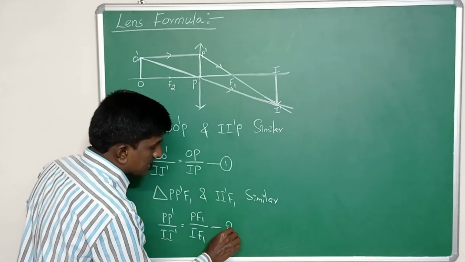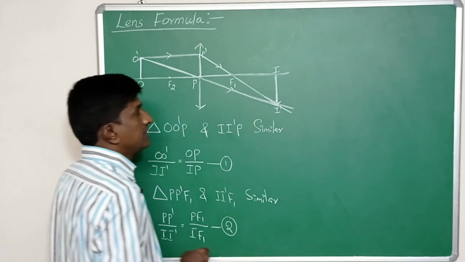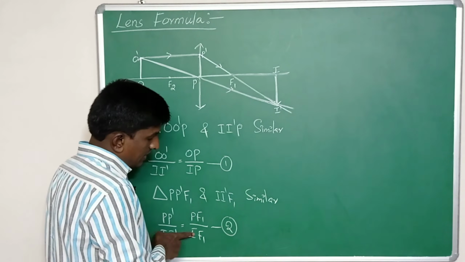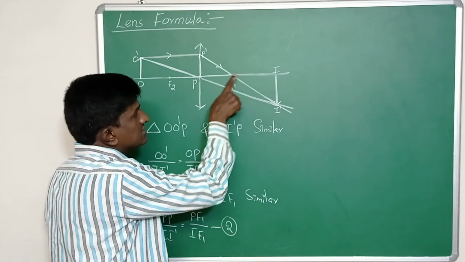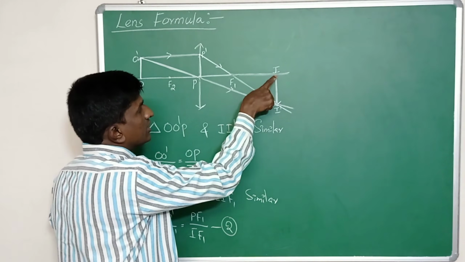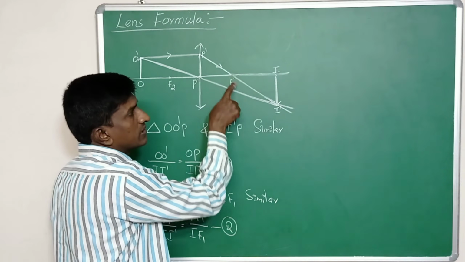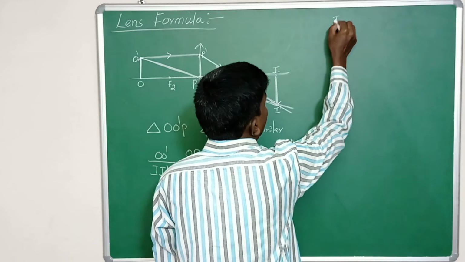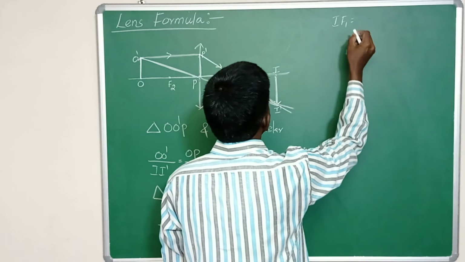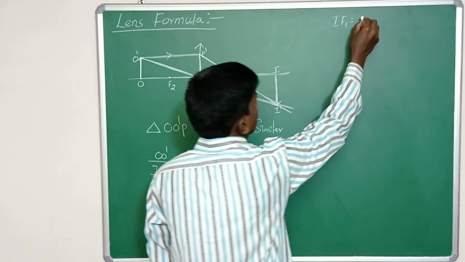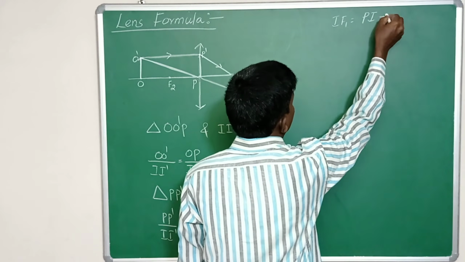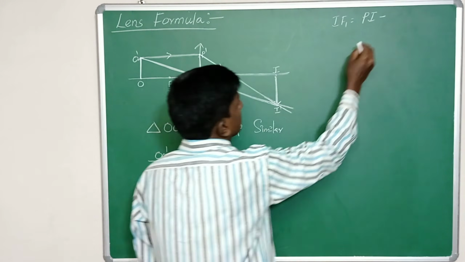Let us say this is the second equation. Here the distance IF1 is PI minus PF1, so IF1 can be written as PI minus PF1.